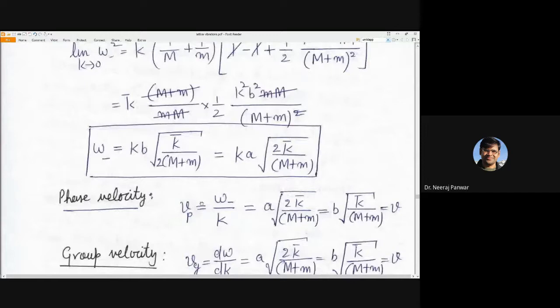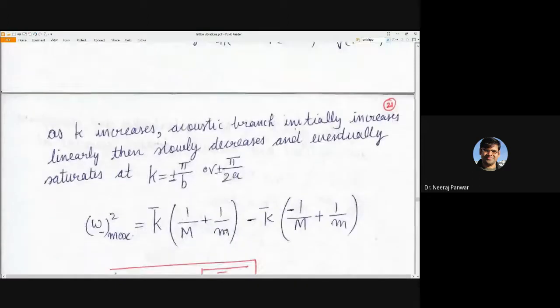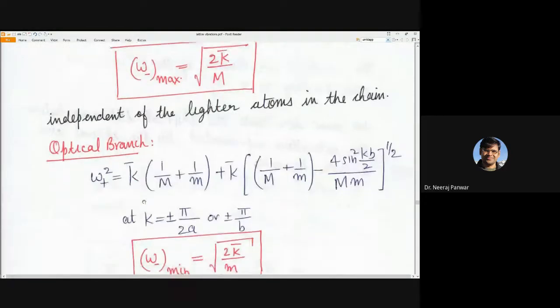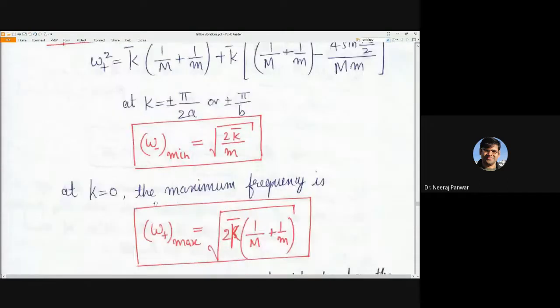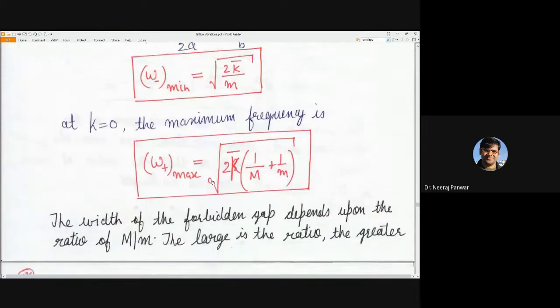And near the center of the zone, the phase velocity and group velocity will be the same. This is the maximum frequency of the acoustic branch, and this is the minimum frequency of the optical branch. We calculated all these frequencies yesterday. This is the maximum frequency of the optical branch.